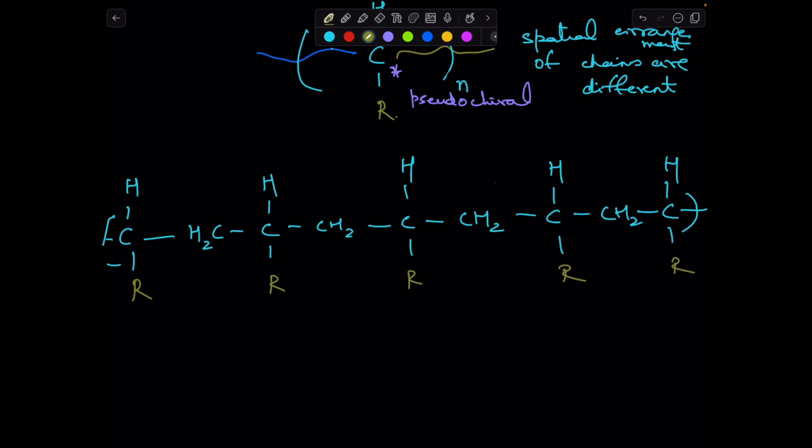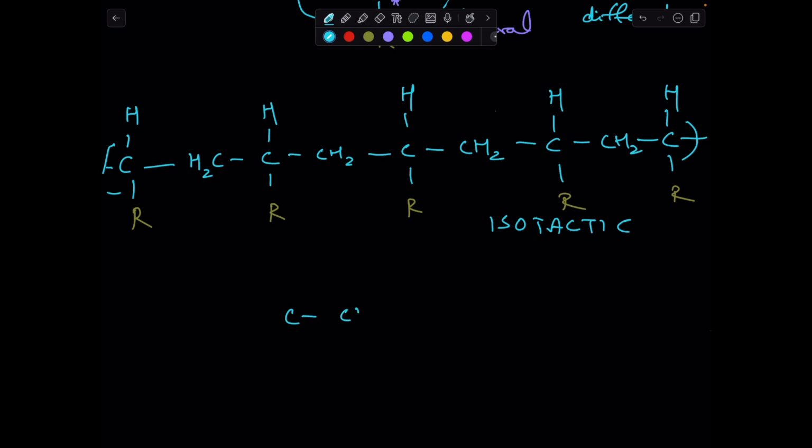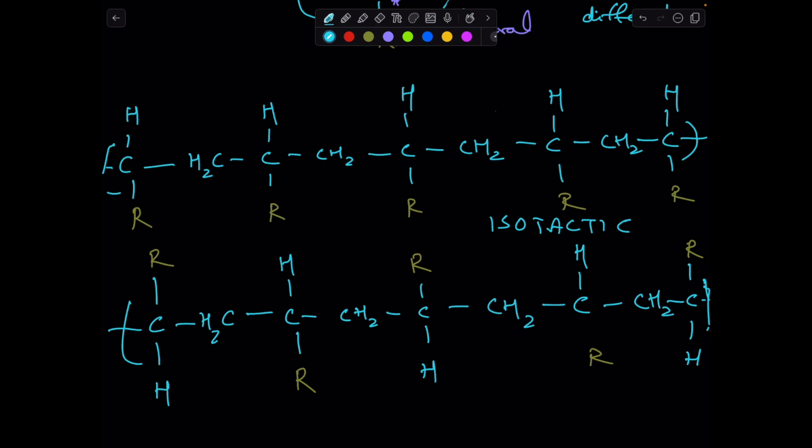If the substituent R is on the same side every time, then it's called isotactic. If the substituent is on the opposite side, or it alternates, then it's called syndiotactic. Here, the R group is alternating on either side.